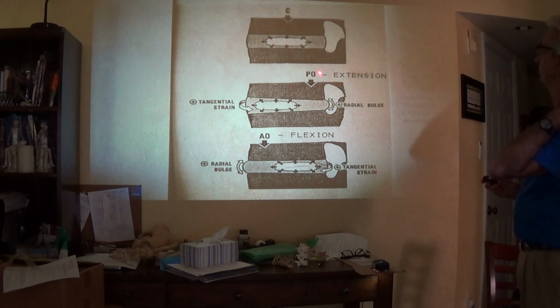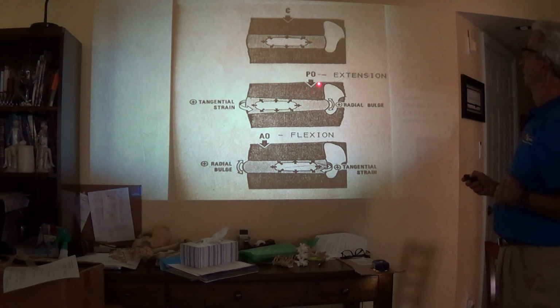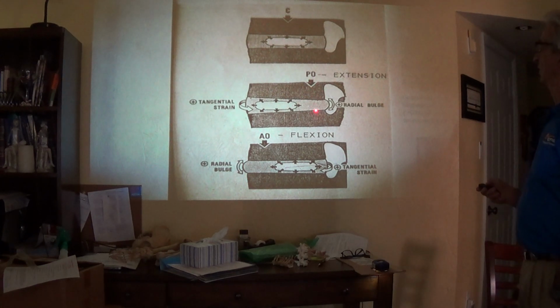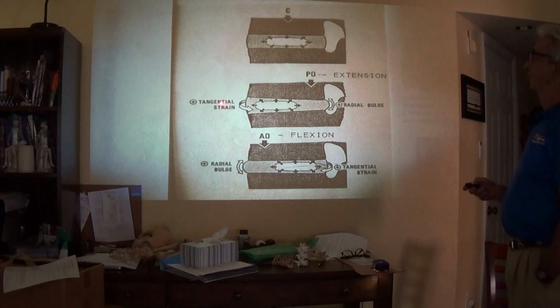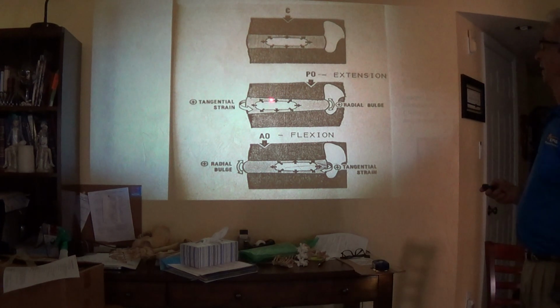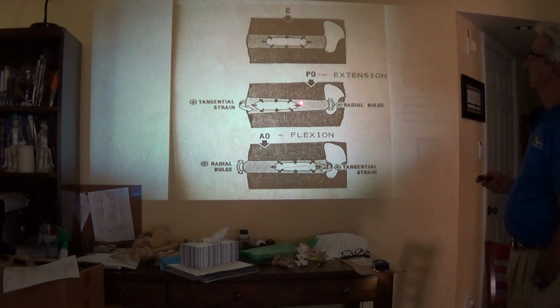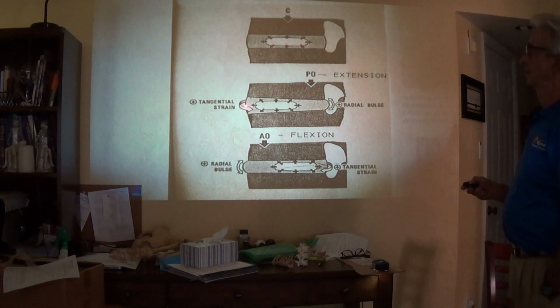And then if you have a posterior offset load, such as you would have with extension, then you have movement of nuclear material forward and into the anterior longitudinal ligament. As this nuclear material runs forward, these concentric rings of annulus start to get stretched in that direction.